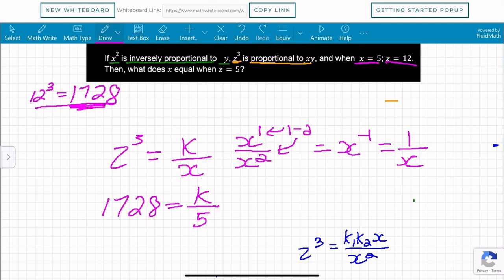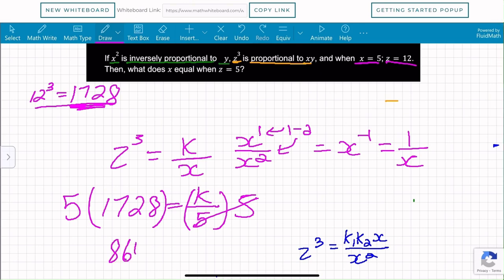Now what we're going to do is pretty simple. We're going to try to cancel out this 5 by multiplying 5 to each side to keep it balanced. Both of those 5s on the right side of the equation are going to cancel out. And 1,728 times 5 is 8,640. So that's how we figured out the constant.